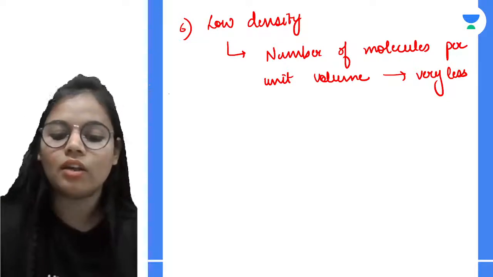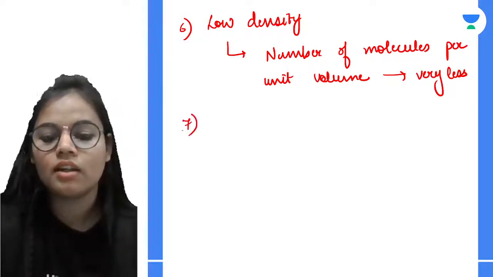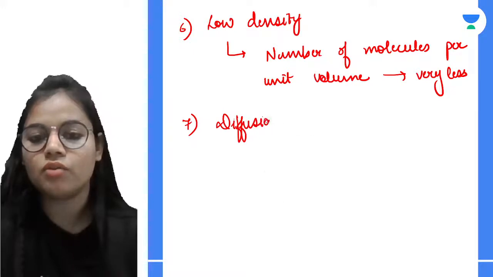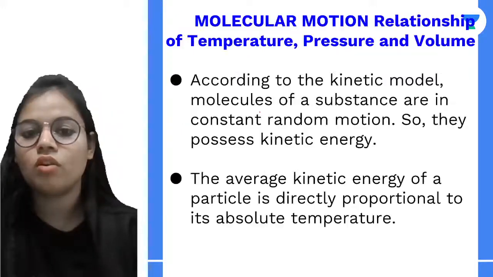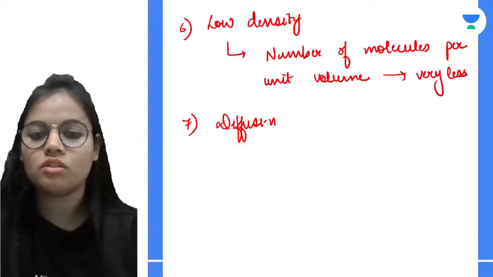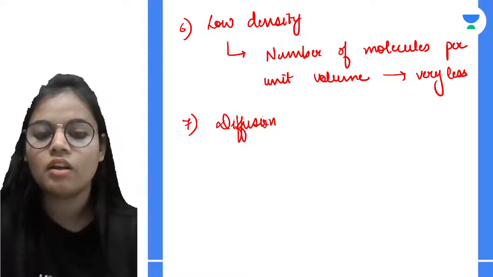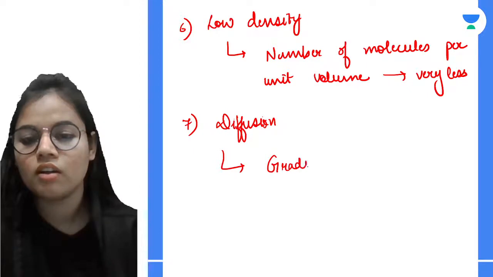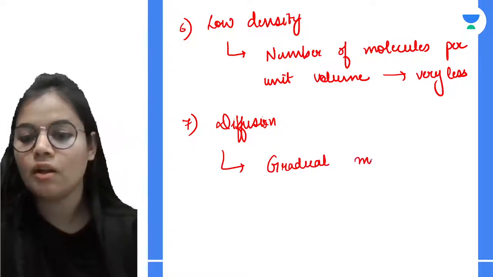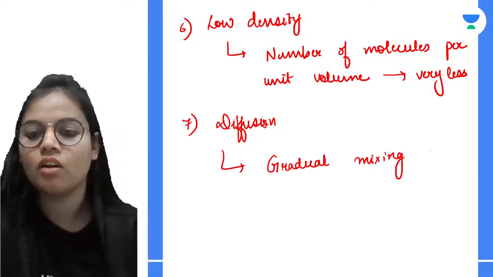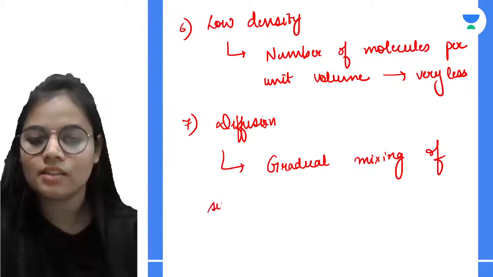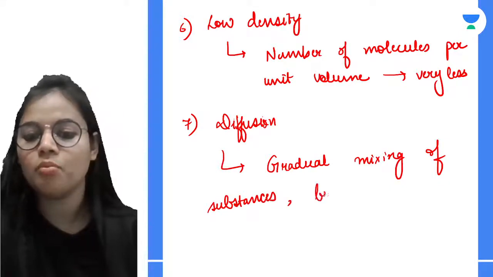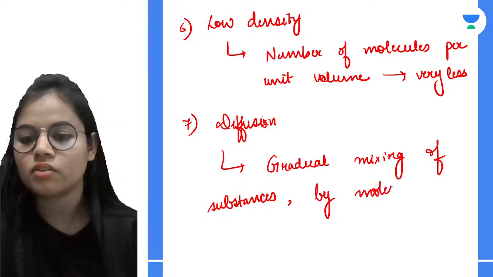Then, they have the tendency of diffusion. First of all, what do we mean by diffusion? Diffusion is the process of gradual mixing of substances by molecular motion.